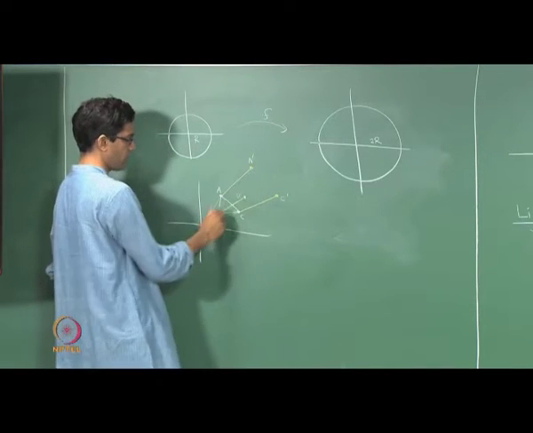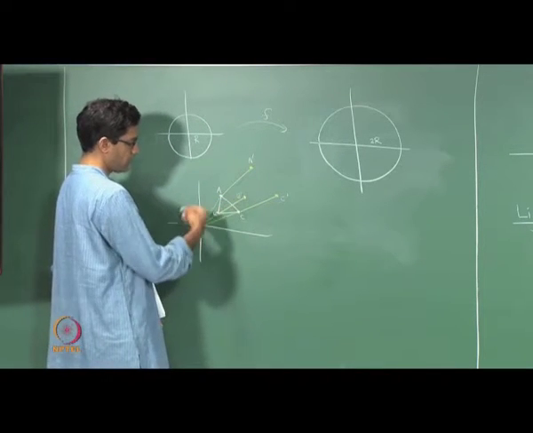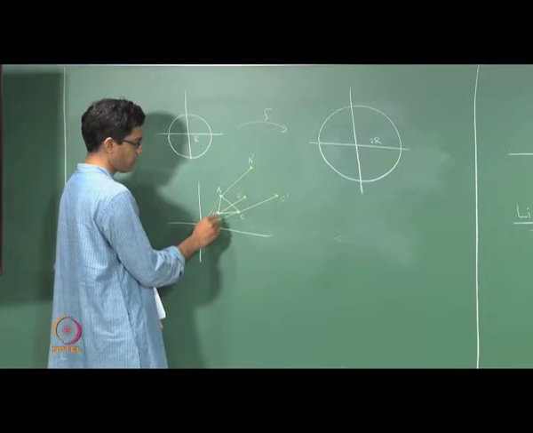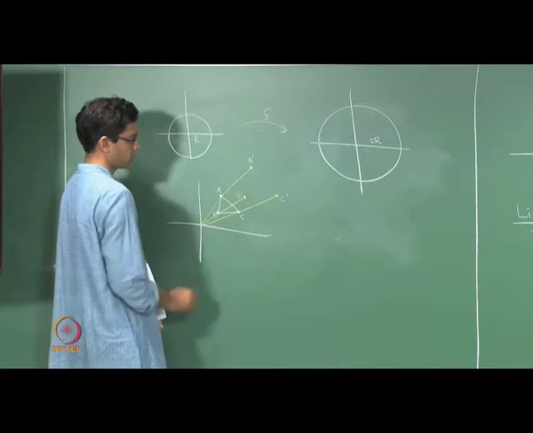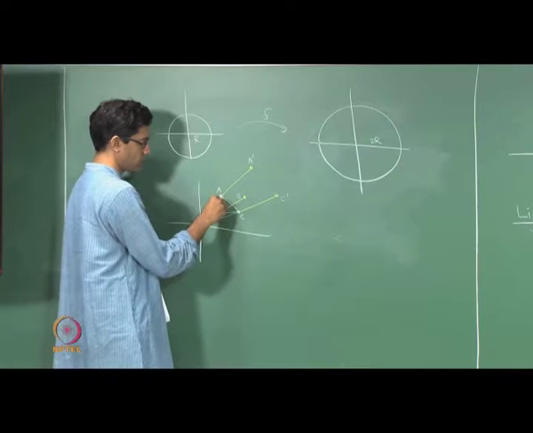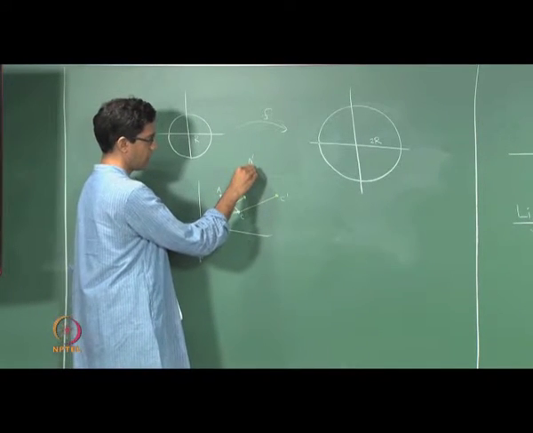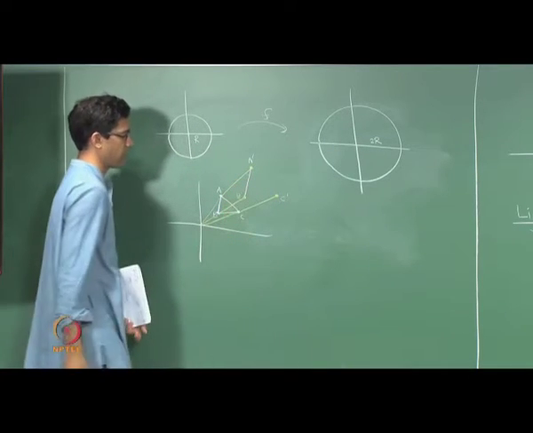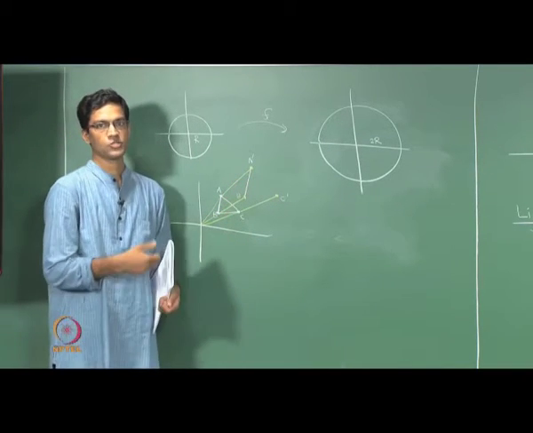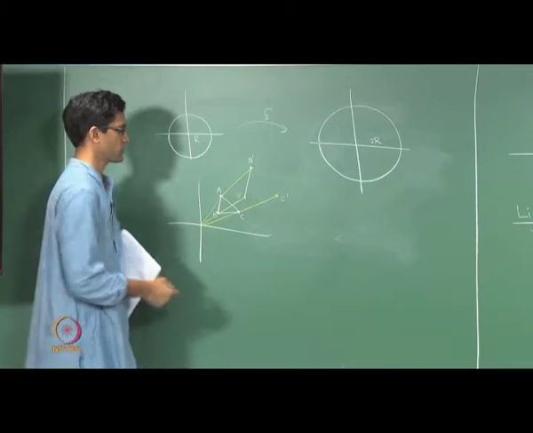Now A maps to A prime, B maps to B prime, and we know the important fact that this map sends lines to lines. So the line joining AB must therefore go again to some line, and it must therefore be the line joining A prime and B prime, because a line is uniquely determined as soon as you know 2 points on the line.